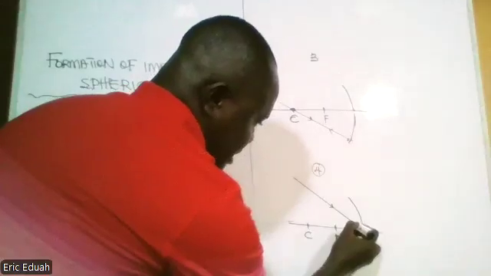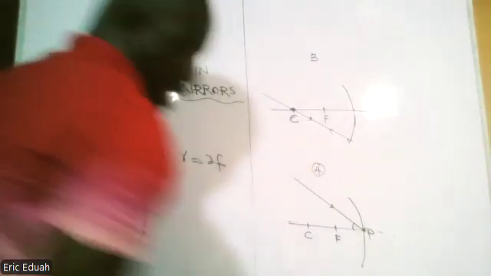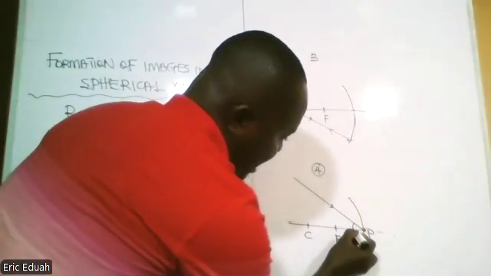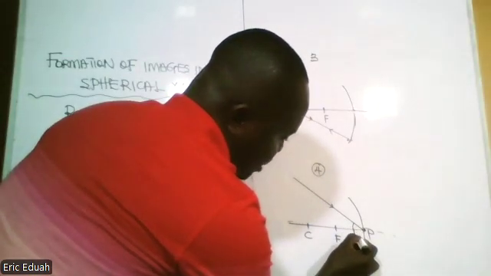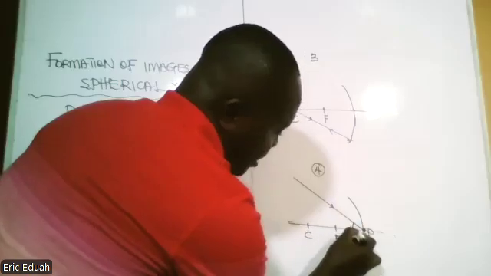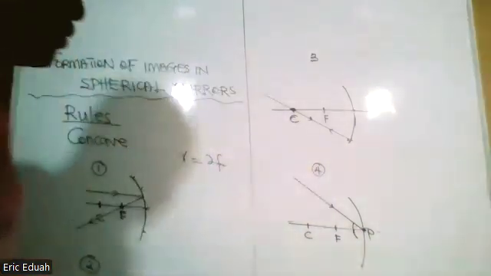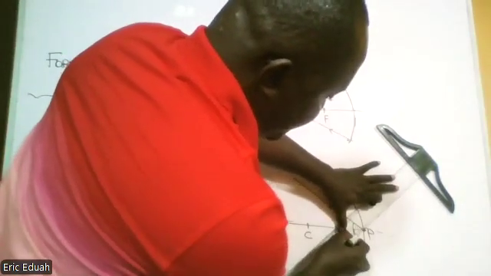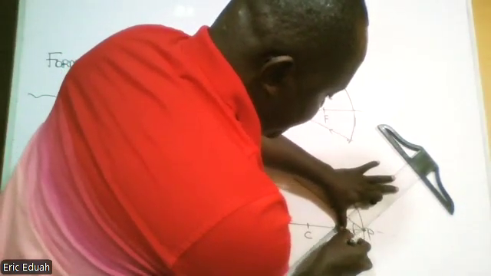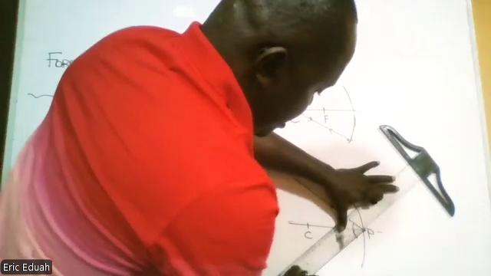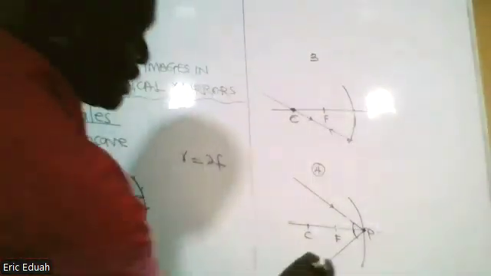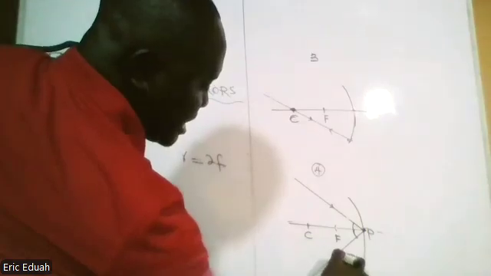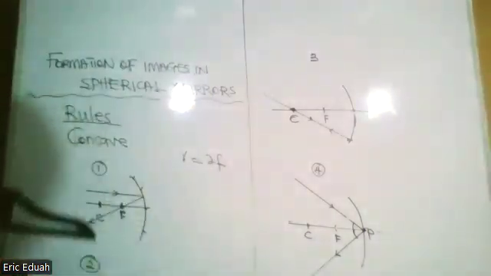What we mean is that, let's assume this angle is theta. It must reflect at the same angle, symmetry. So whatever this angle is, we need to have the same angle as the reflected ray, or angle of reflection. That's what we mean by reflecting at the same symmetry.